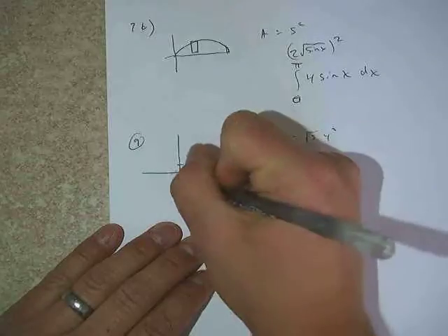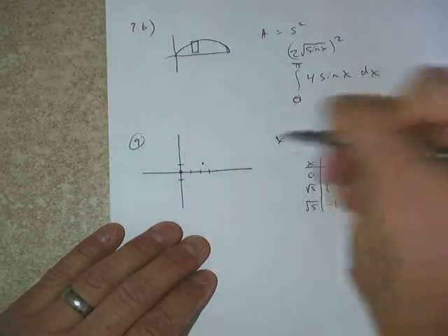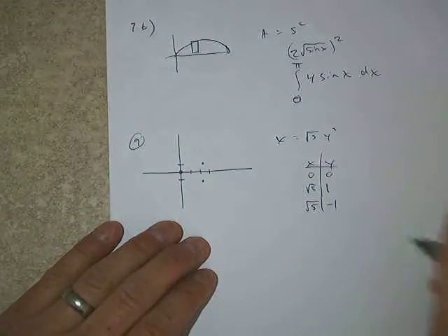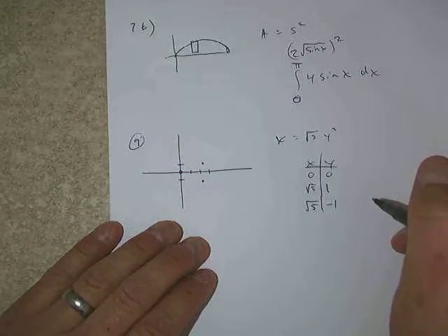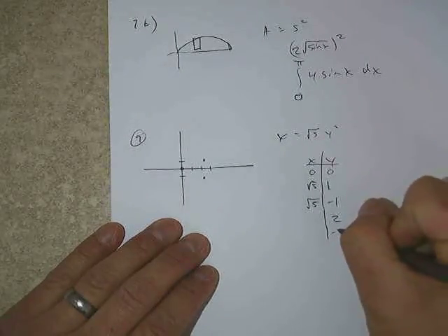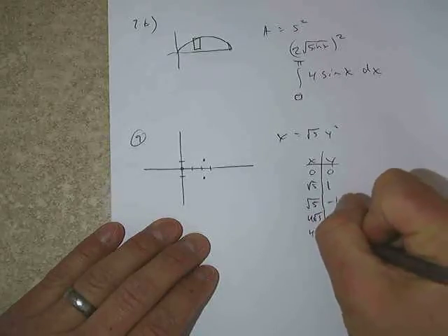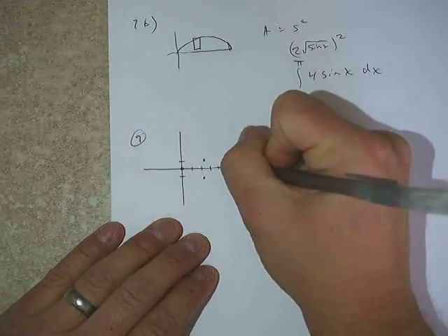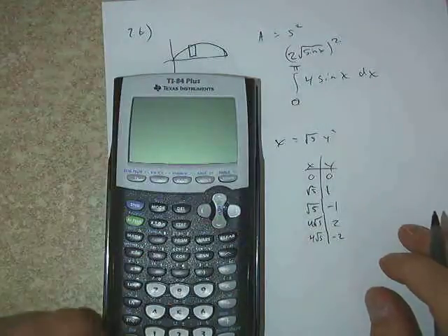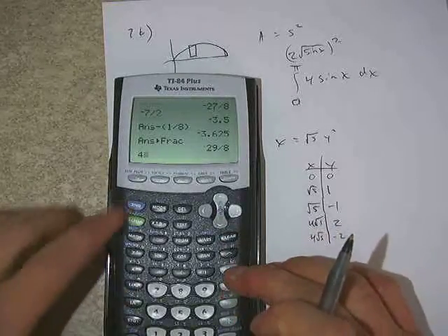So if we did radical 5, 1, radical 5 being 2 and some change, so 2.21 and 2.2, negative 1. And we're going from y equals 0 to 2. So ultimately our 2's here would give us 4 radical 5.